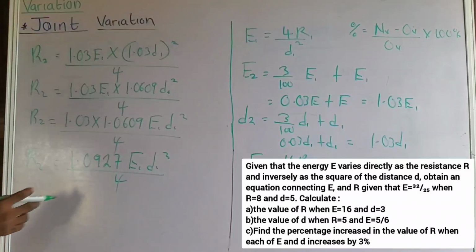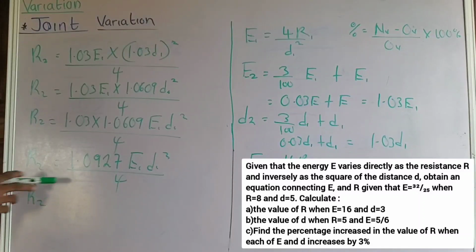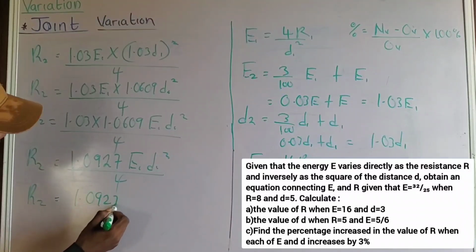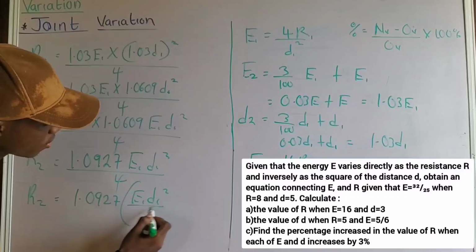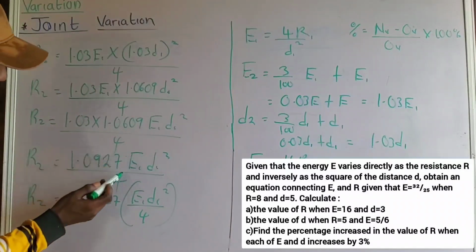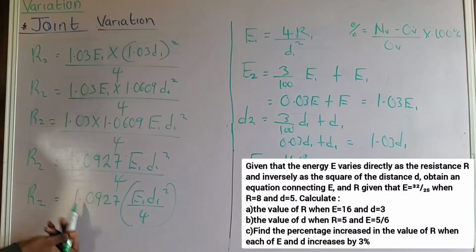I can rewrite r2 as 1.0927 multiplied by e1 d1 squared all over 4. I just put this, and this is this, and this is this. If I multiply this by this, I'm still going to have this, and the 4 will also become the denominator.